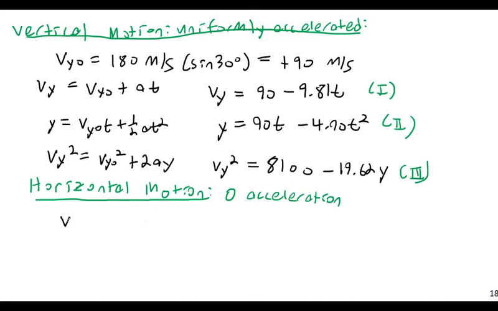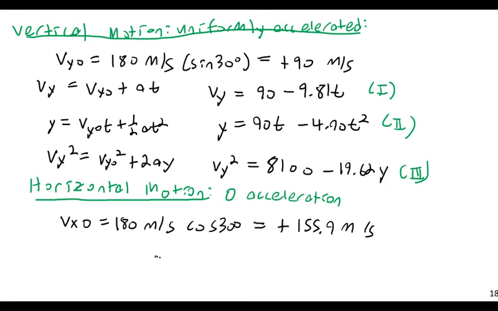And then I'm simply going to say Vx naught is equal to 180 meters per second times the cosine of 30 degrees, or is equal to plus 155.9 meters per second, and then x equals Vx naught times t. There is no acceleration, so we can just say x at a certain time t is equal to 155.9 times t.